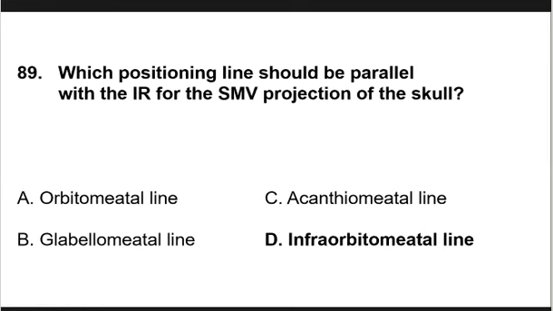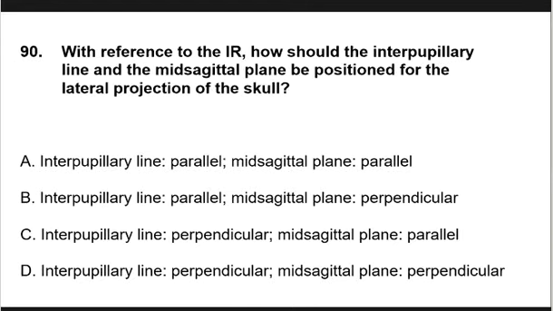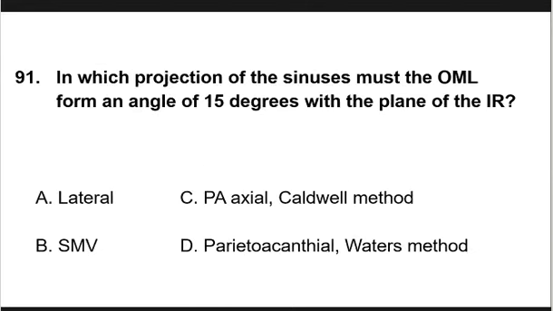Number 89, the answer is infraorbitomeatal line. Next number: in which projection of the sinuses must the OML form an angle of 15 degrees with the plane of the film, or with the plane of the image receptor? So that is the Caldwell method.